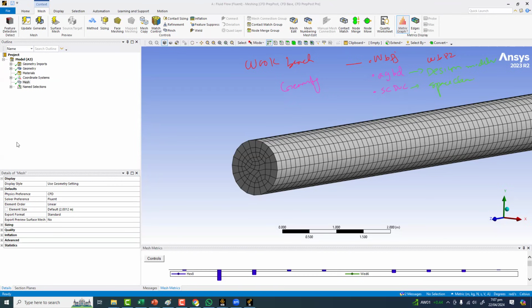And after that, correspondingly, we have the mesh file. The mesh file will be saved as .msh, and this is the typical Fluent mesh format. So this mesh will contain only the coordinates.